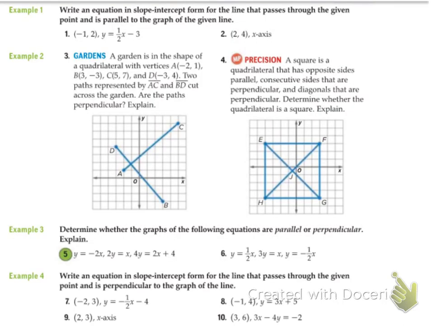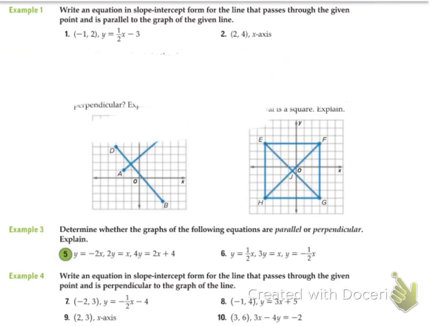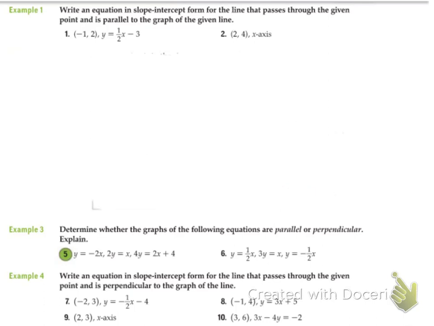Homework. Let's take out this middle section. I'm okay with that not being in there. And what I want you guys to do is that the first two problems, they want you to be parallel, and it's in slope-intercept form.